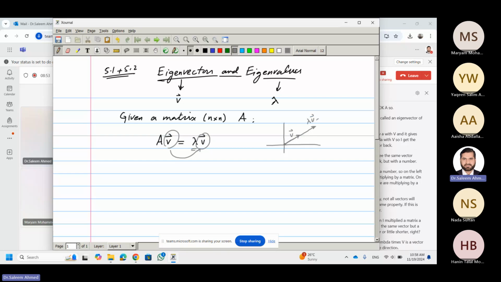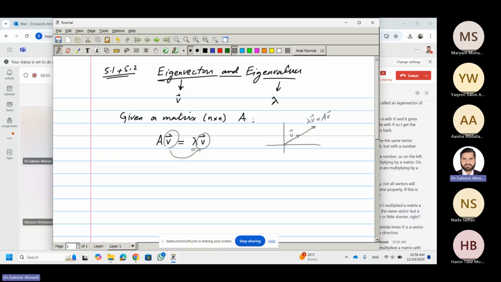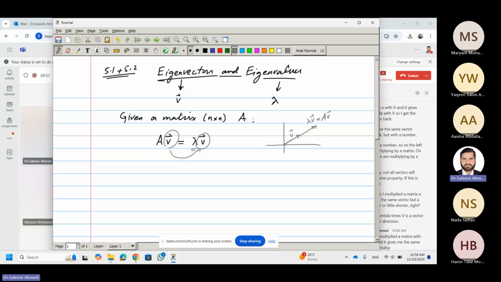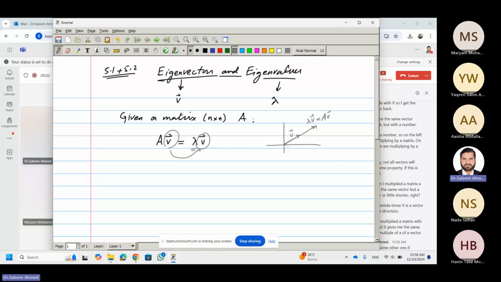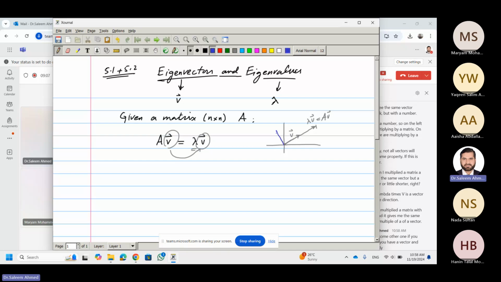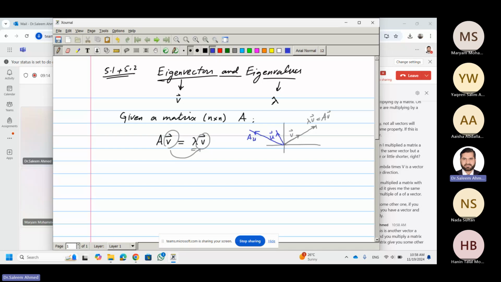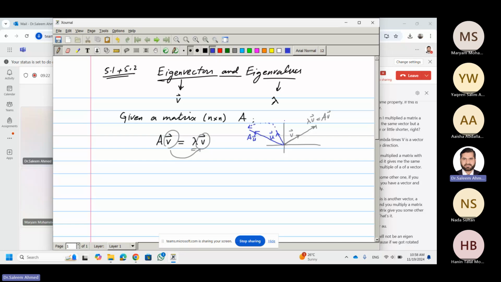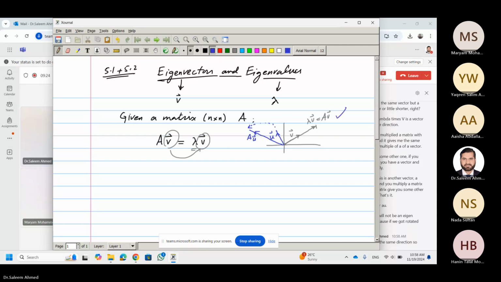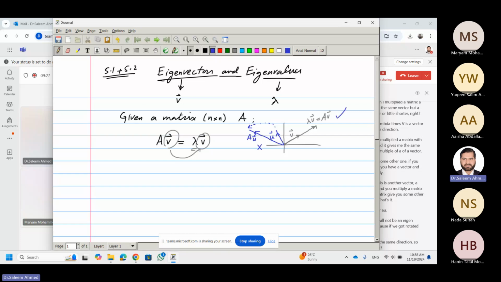If you have another vector u, and you multiply by the matrix and it gives you some other direction, say this is Au, then u is not an eigenvector. We got rotated, we are not in the same direction. This is what we are not looking for.